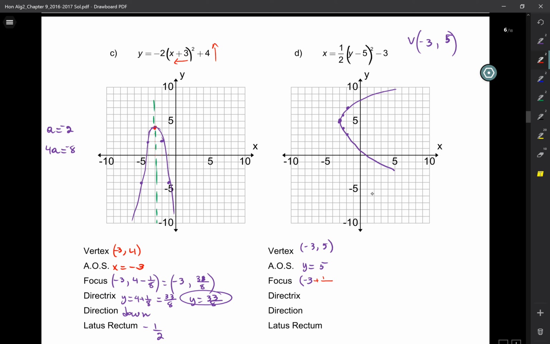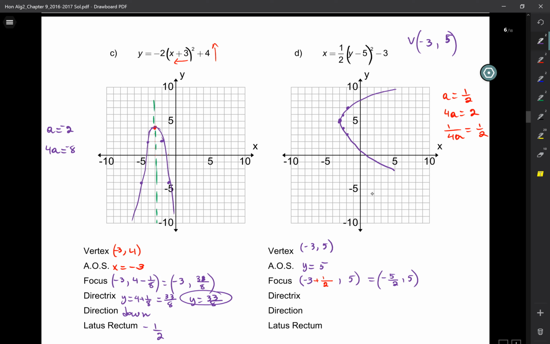So, okay, let's do that. So a is 1/2 if I work up here, right? 4a is 2. Is that right? So 1 over 4a is 1/2. So here it's going to be negative 3 plus 1/2, comma 5. So that's negative 5 over 2 comma 5.